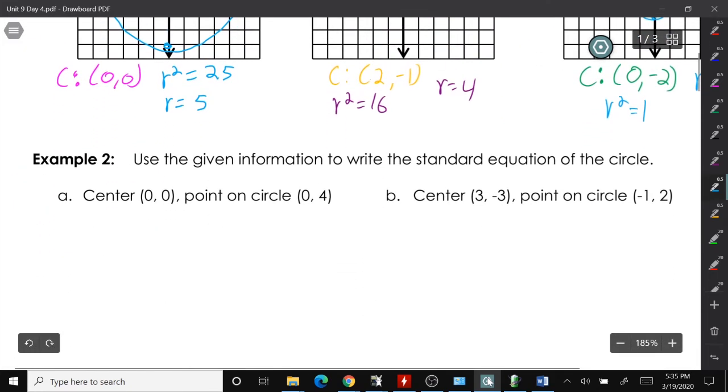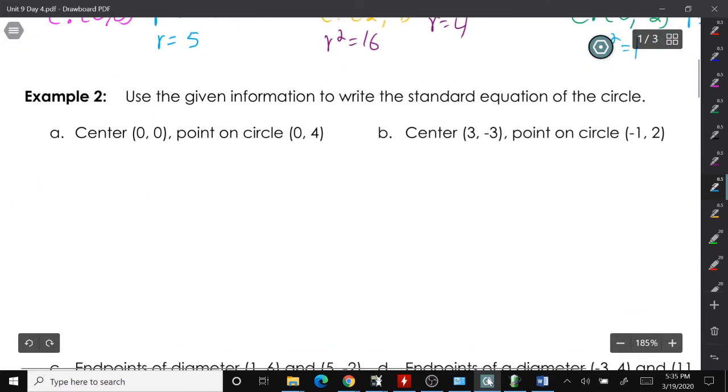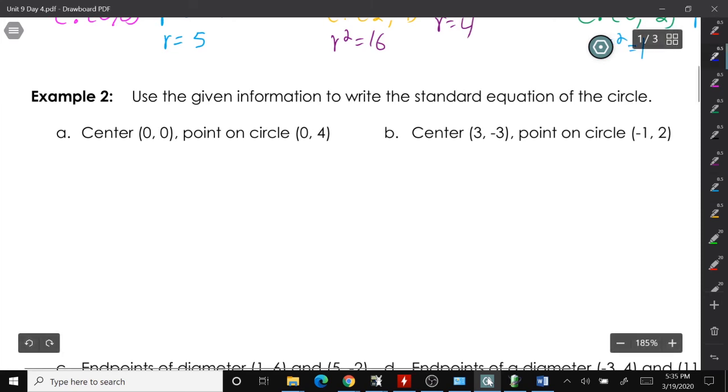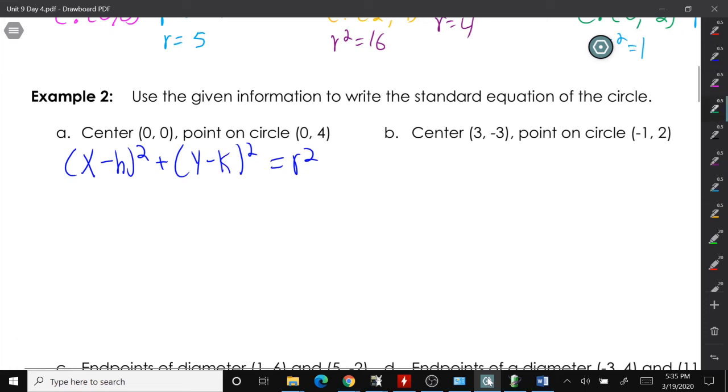Now here, we're going to use the given information to write the standard equation of the circle. Remember that the general form of an equation of a circle is x minus h squared plus y minus k squared equals r squared, where h and k are the center, and x and y are points on the graph, and r is your radius.